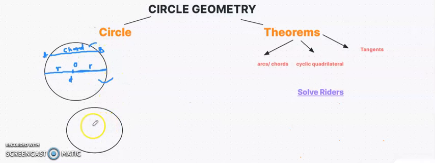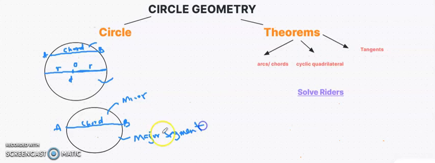So chords are very important in circle geometry, and it is important we understand it. So let's elaborate. This is a chord drawn to this circle called AB. The chord divides the circle into 2 segments, the minor segment and the major segment.